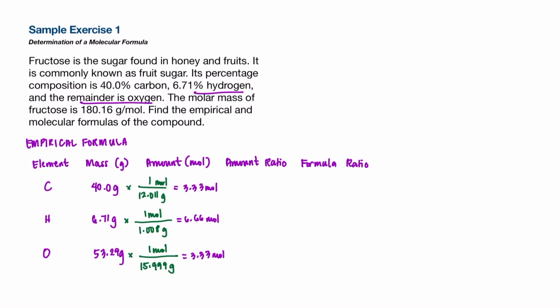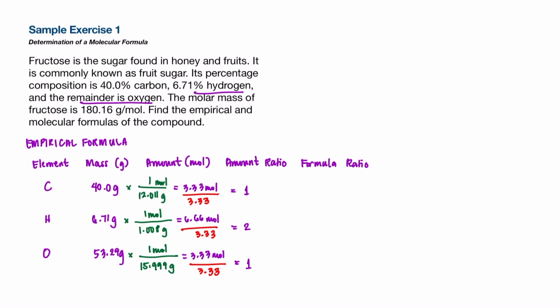The next step is for us to identify the amount ratio. So for us to get the amount ratio, we will divide each mole number by the smallest mole number, which is 3.33. And the amount ratio of carbon to hydrogen to oxygen will be 1:2:1.